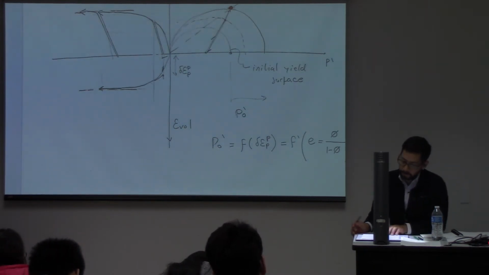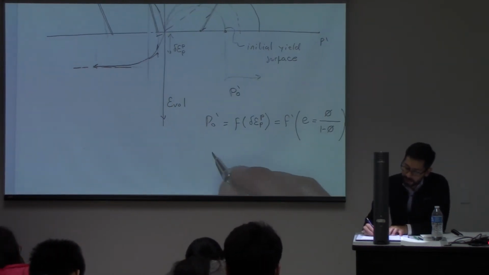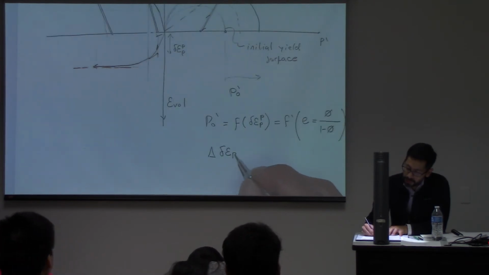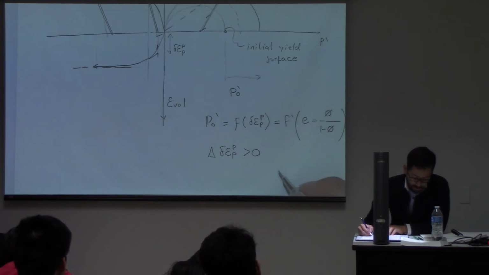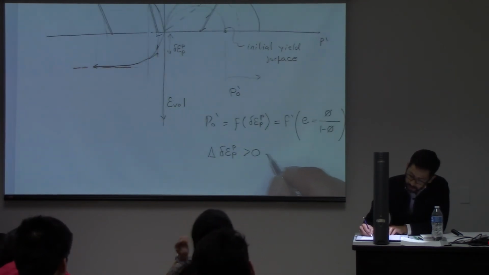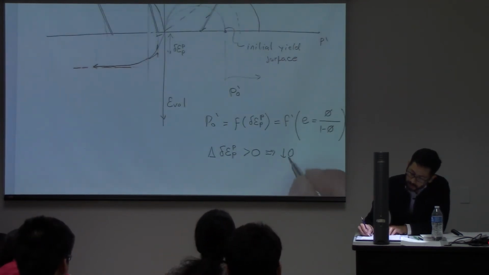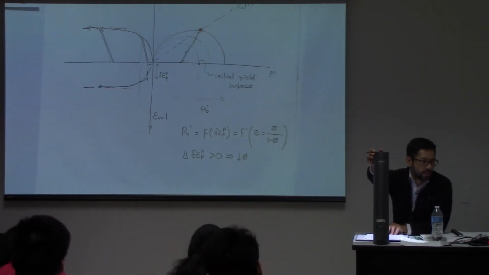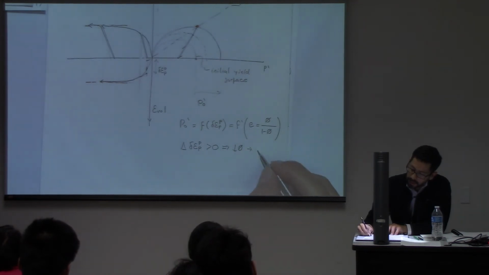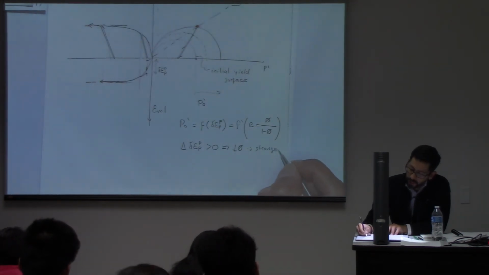So if the variation of the volumetric plastic strain is positive, that means smaller porosity as you go in this direction, and that means a stronger material after loading.